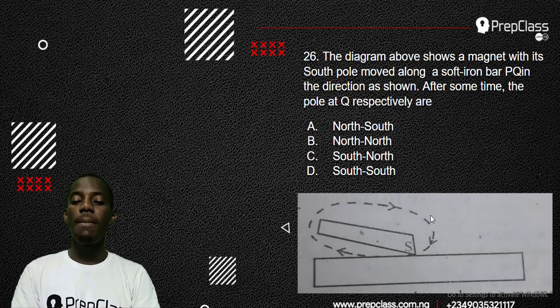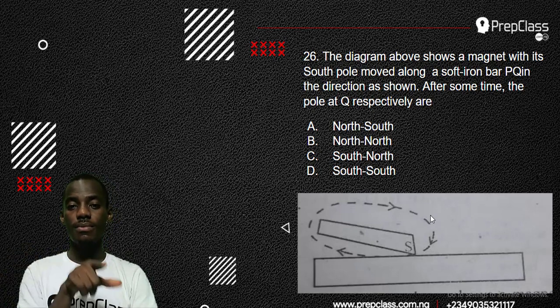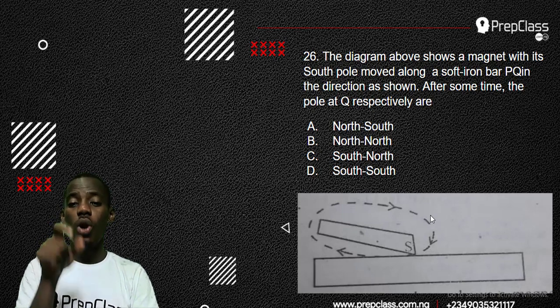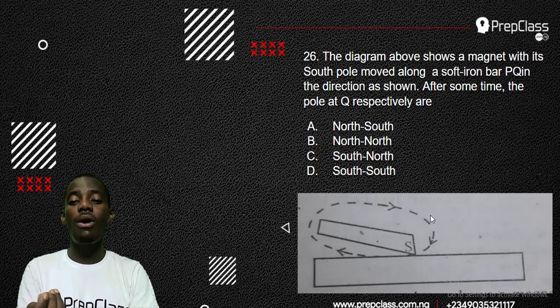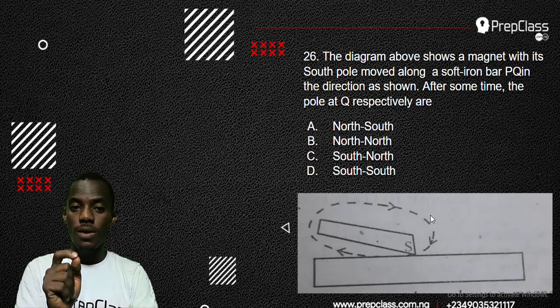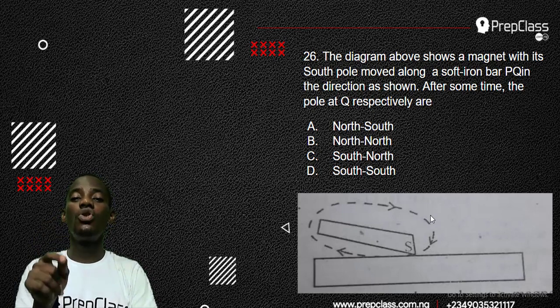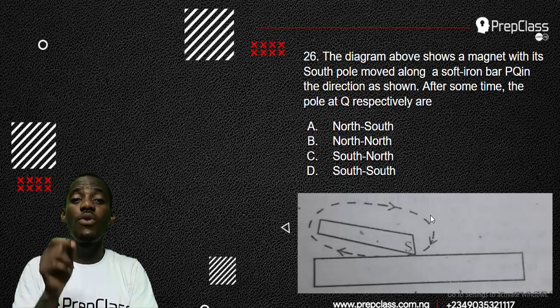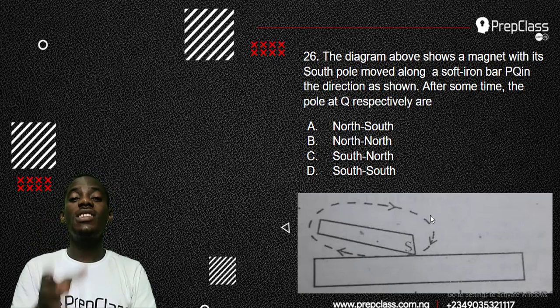The head of the magnet, the pole touching the other metal on the ground, is south. So south will produce the opposite pole, which is north.